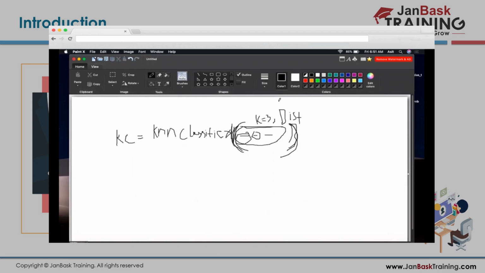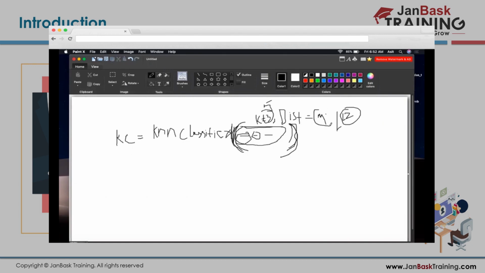So these are the parameters, but they are not fixed parameters. One time you can give k equal to 3, the other time k equal to 5. One time you can give the distance as Manhattan distance, named after the city, or the L2 distance. We'll go through all this.